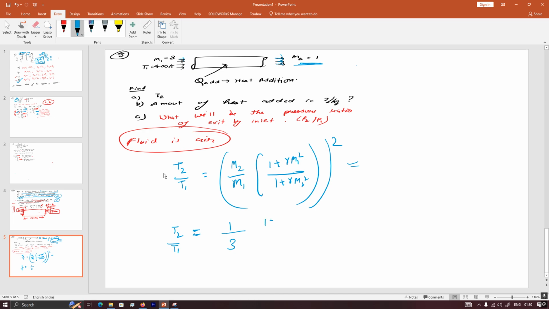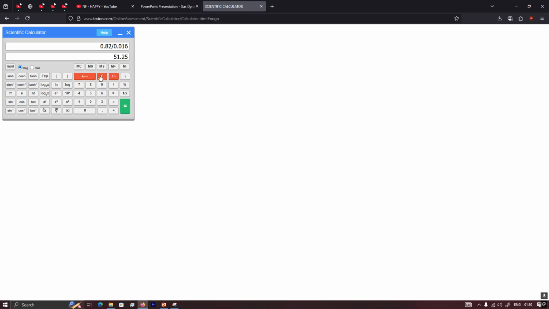So 1 plus 1.4 into M1 squared, which is 3 squared, upon 1 plus 1.4 into 1, and this whole squared. I'll just calculate this quickly. 1 plus 1.4 into 9 divided by 1 plus 1.4, which is 2.4, and it is divided by 3 and squared.